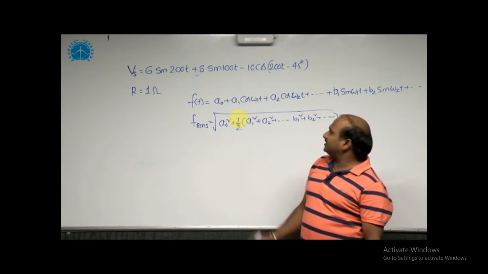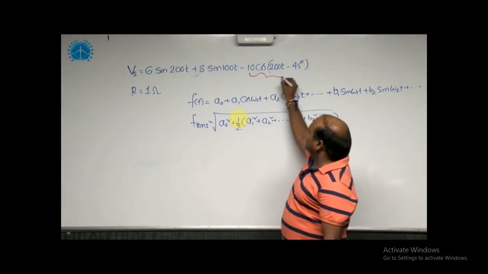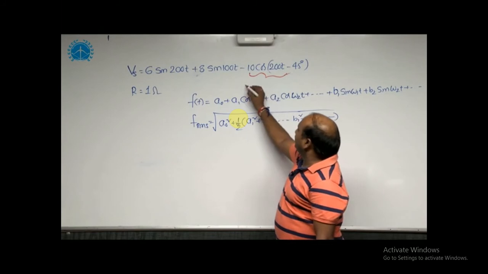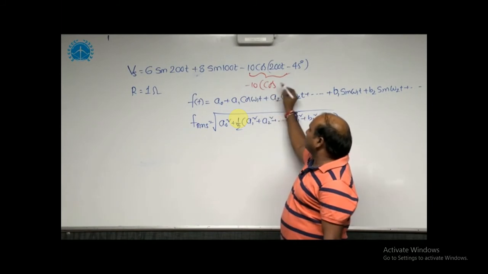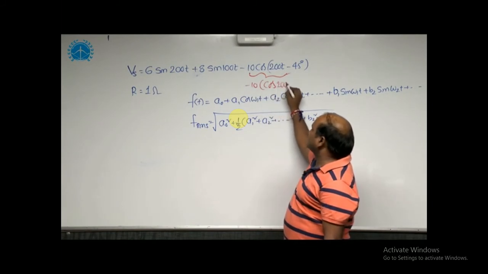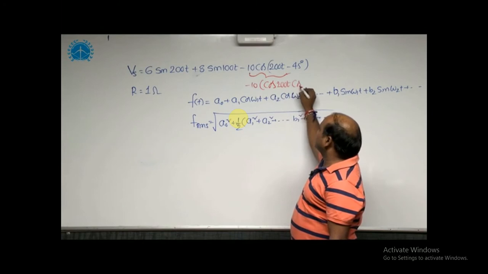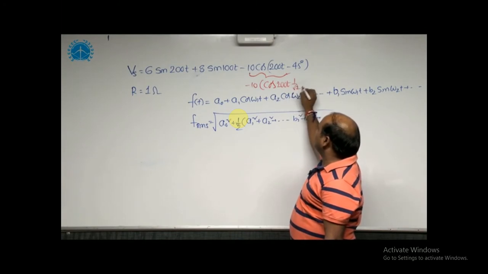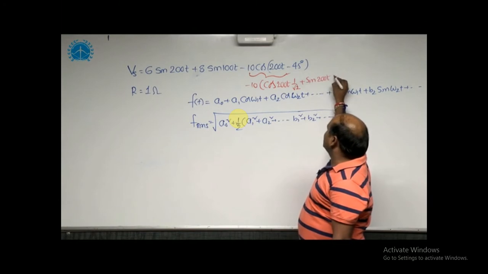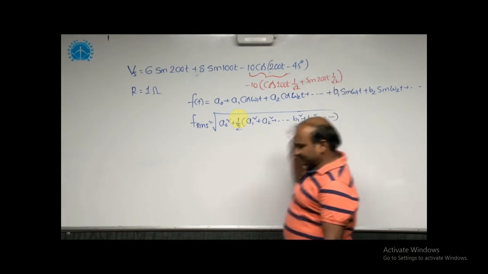For that, once you consider this one, I can write minus 10 times cos A cos B plus sin A sin B, cos(A minus B), that is cos A cos B, cos 45 is 1 by root 2, plus sin A sin B, sin 200t into 1 by root 2.